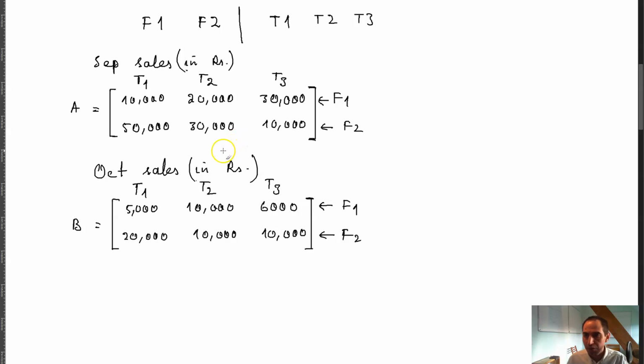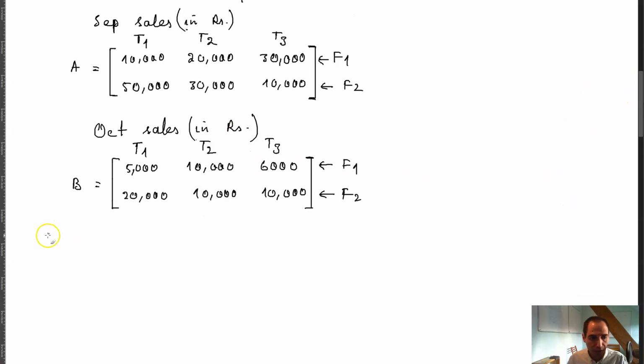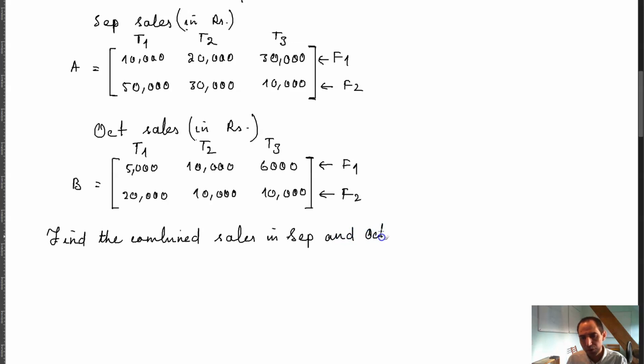So this is the September sales, this is the October sales for both the farmers for all the 3 varieties of rice. Now what you want to do, you want to find the combined sales in September and October for each farmer in each variety.